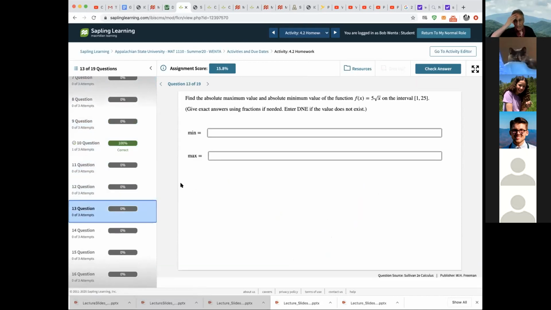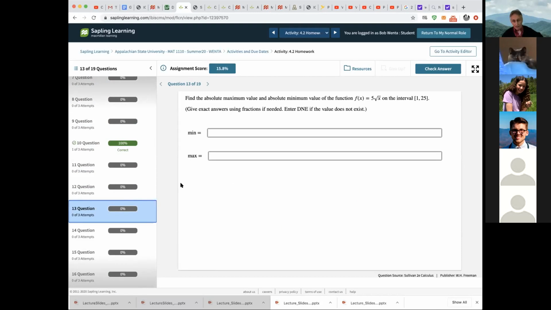Okay, look at this function. It's 5 times the square root of x. This is one where we find the absolute max and absolute min of the function.